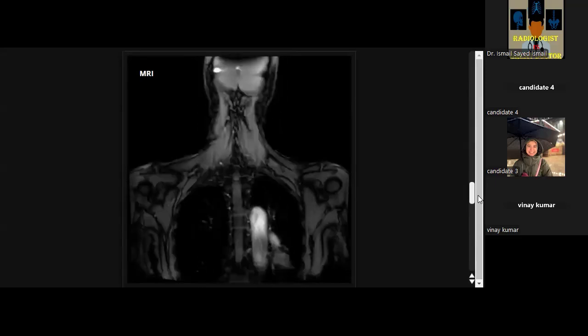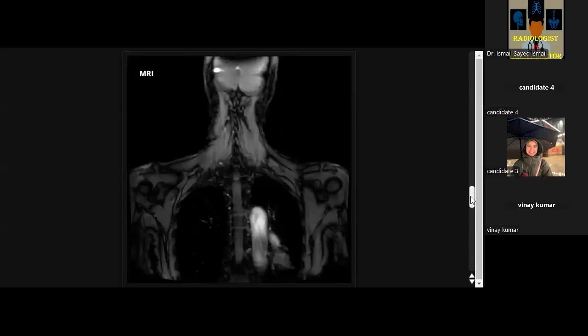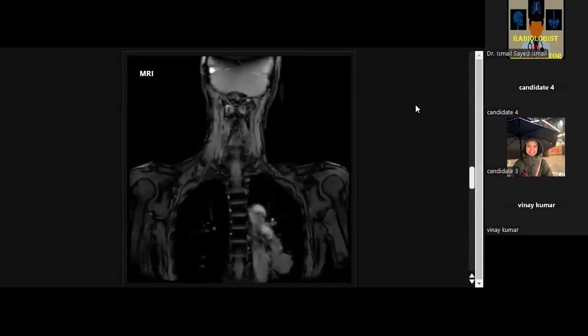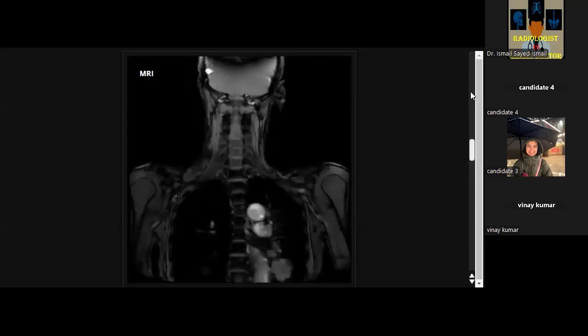It is not helping so much. The mediastinal vessels look normal, right? Yes, the mediastinal vessels look normal. Just a minute. What about the left lung, the left hilum?